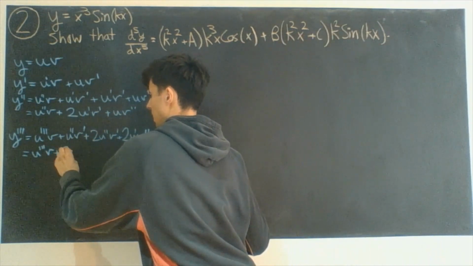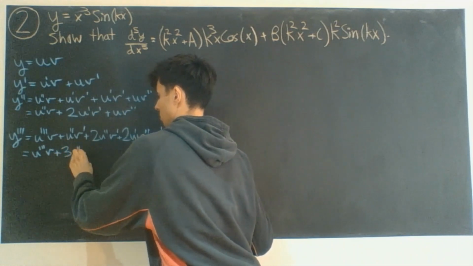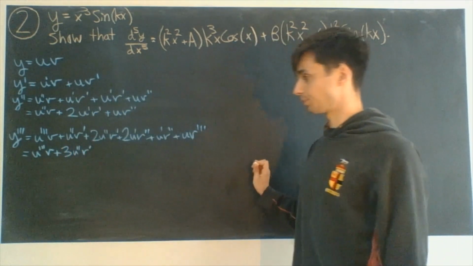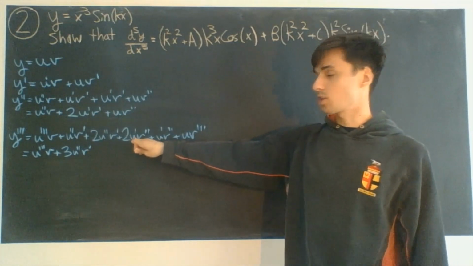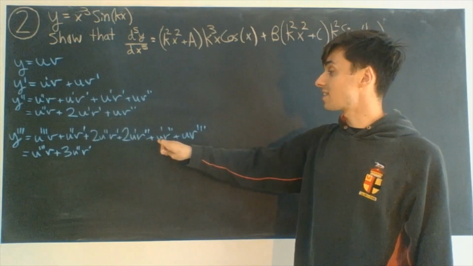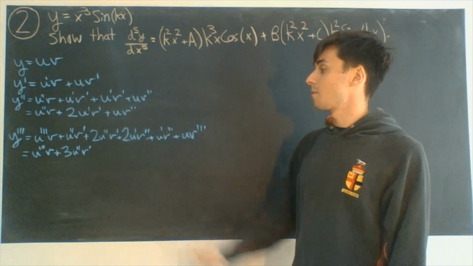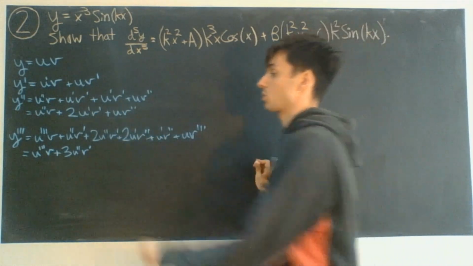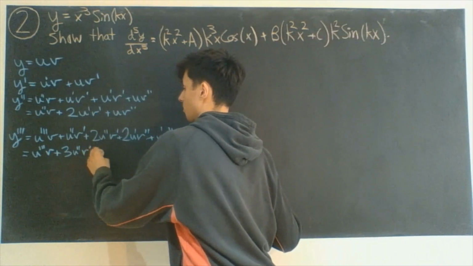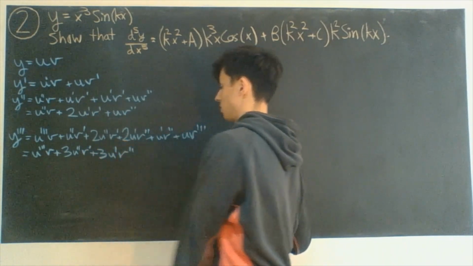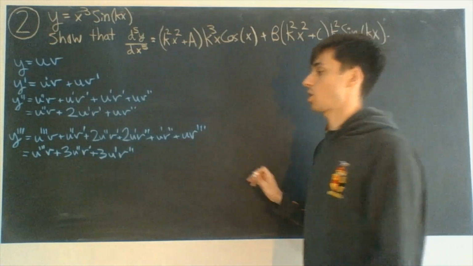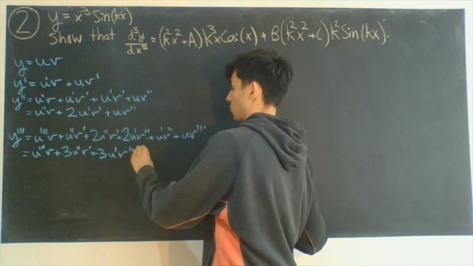So we've got 3u dash dash v dash. Well, here we've got something similar as well. The first derivative of u and the second derivative of v, and we've got 2 of them and another one. So we've also got 3 here. 3u dash v dash dash. And then we've got our last term, which is uv triple dash.